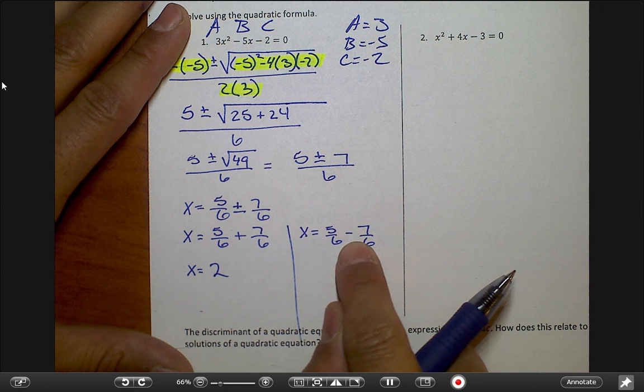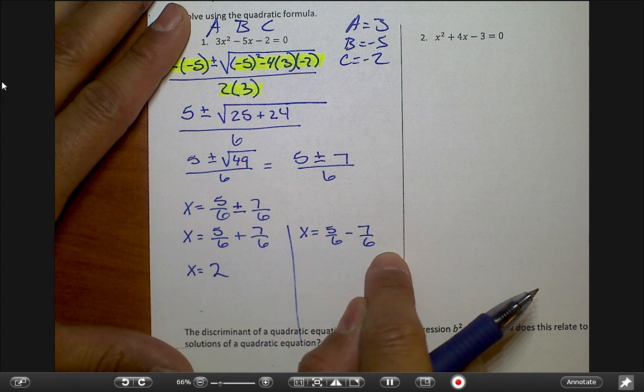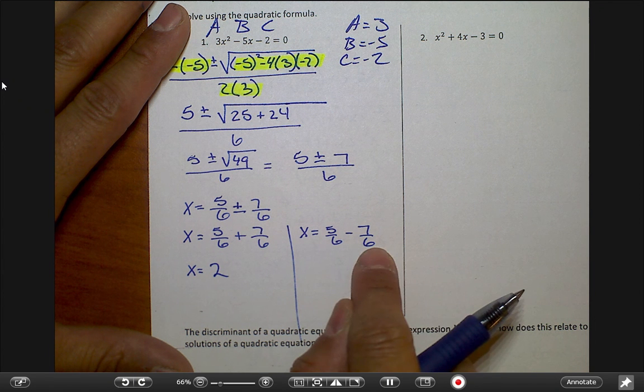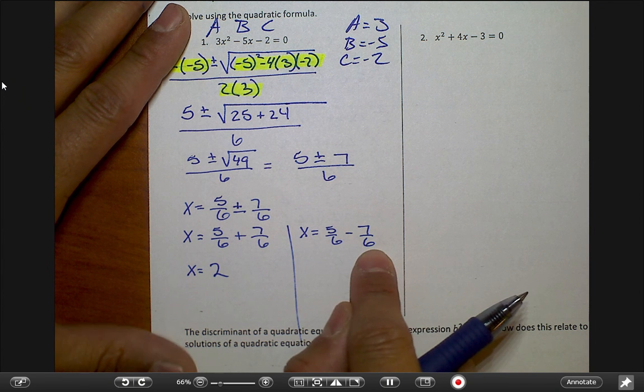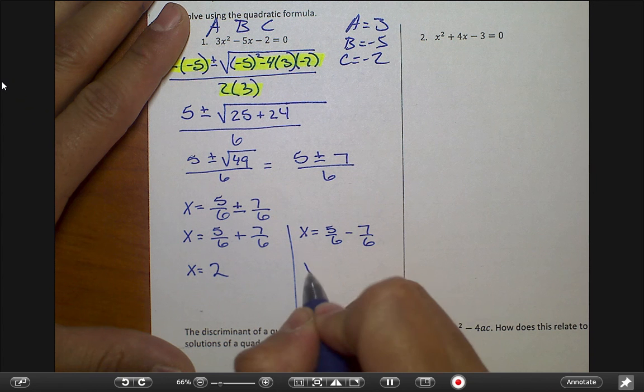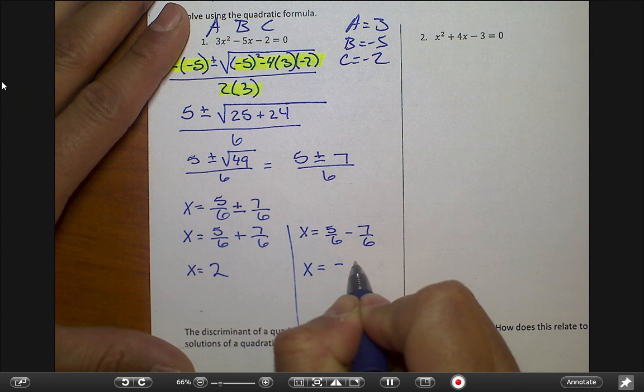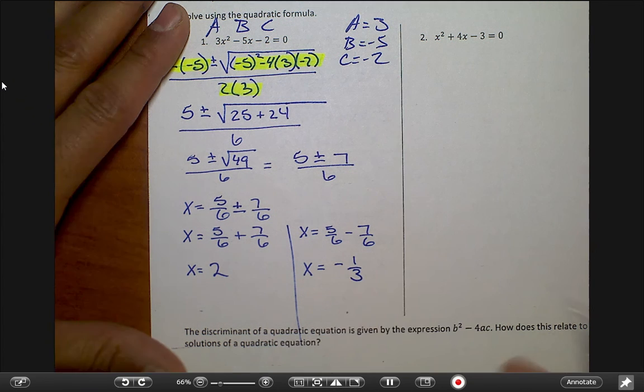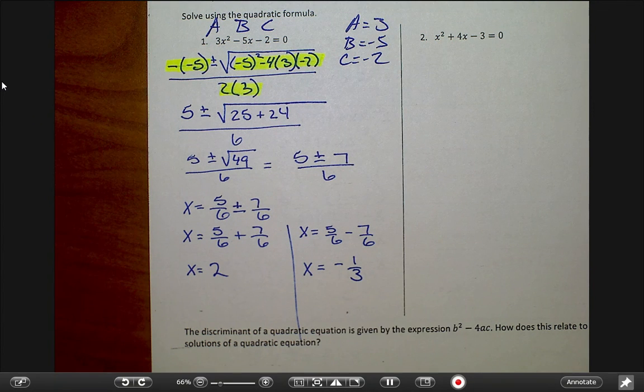Negative 2 over 6. Does that reduce? Yeah. So that's going to be x equals negative 1/3. This is probably going to be the go-to for everyone. Okay? This one works all the time.